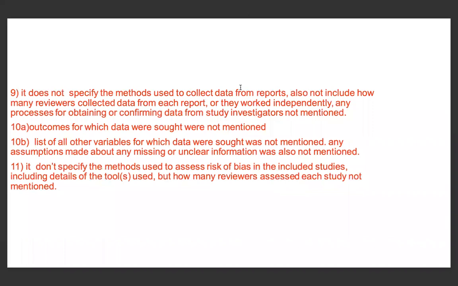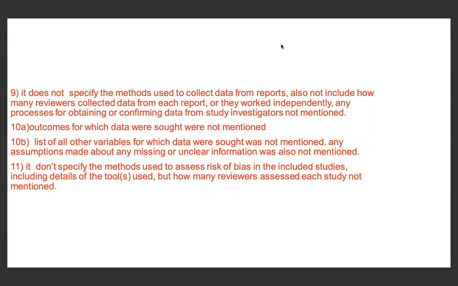It does not specify the method used to collect data from reports, nor how many reviewers collected data from each report, or whether they worked independently, and any process for obtaining and confirming data from study investigators was not mentioned. Outcomes for which data were sought were not mentioned. A list of all variables for which data was sought was not mentioned.